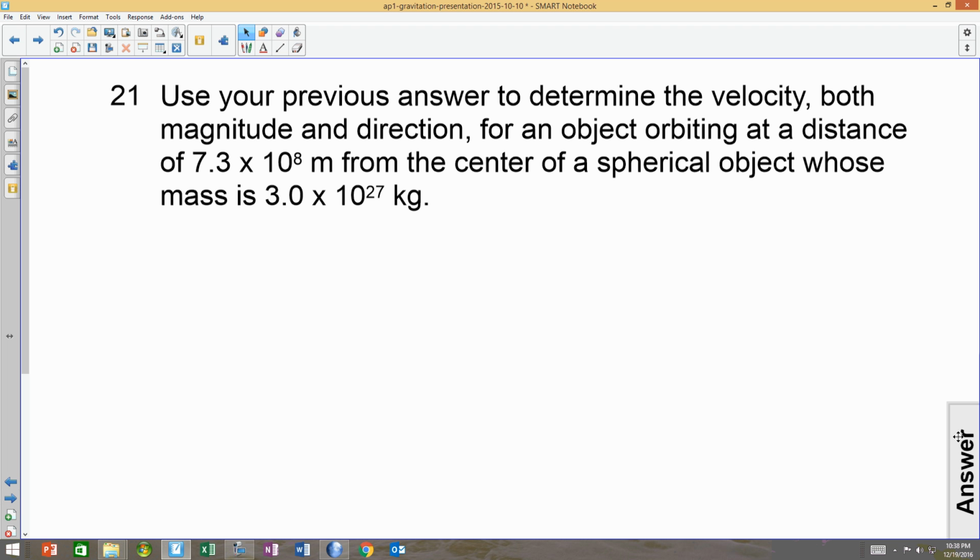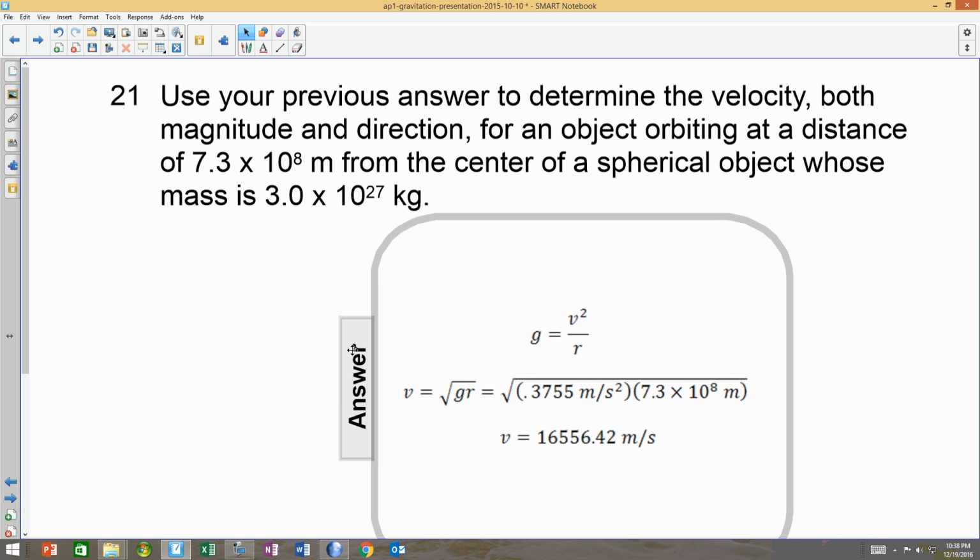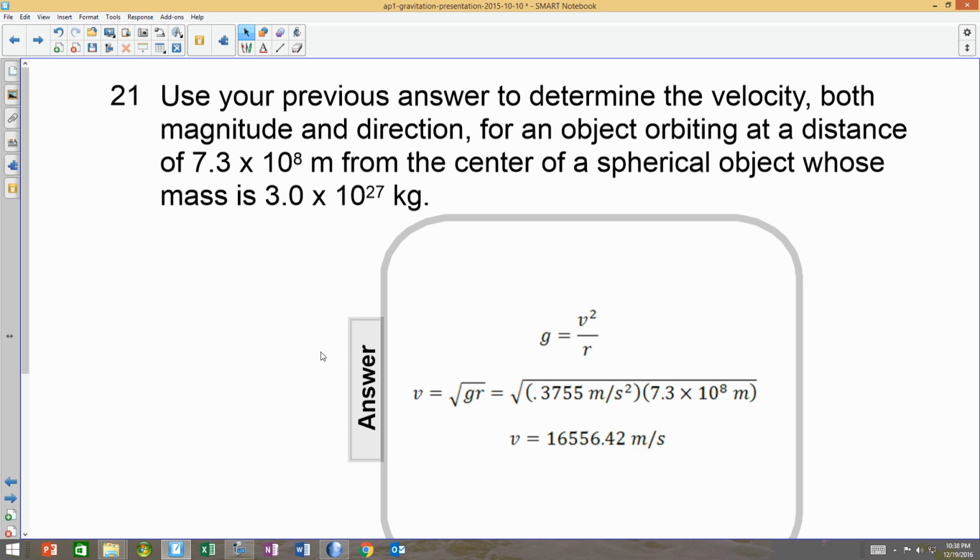Okay, so let's take a look at your answer. We know that g is equal to v squared over r. v is equal to the square root of gr. Substituting in the numbers, you end up with 16,556. Now, be careful about the significant digits. Really, they're only giving us 2 sig figs for this if it's a measured number.